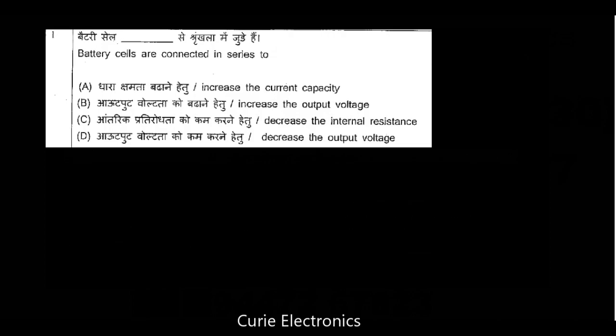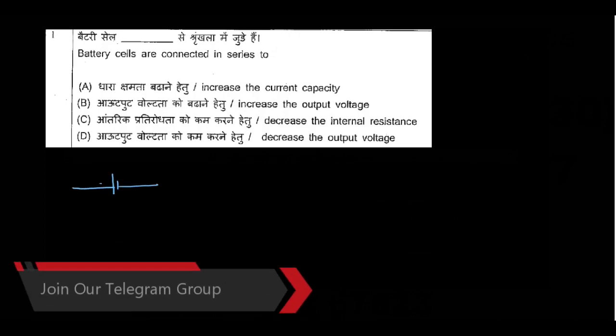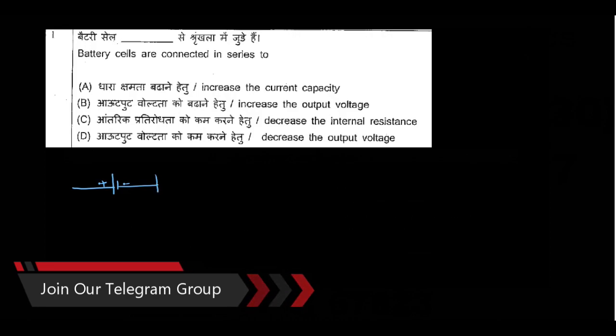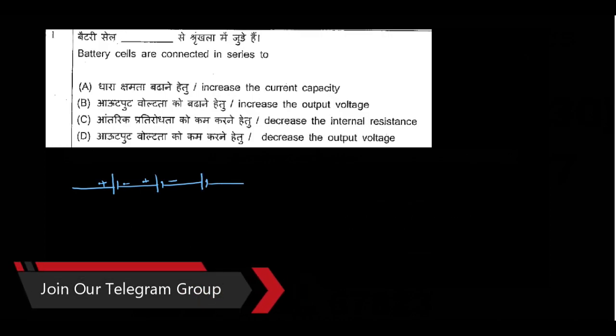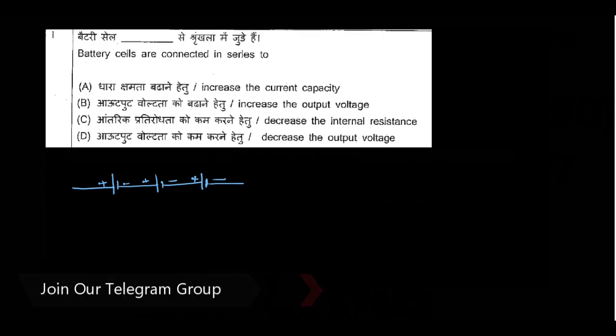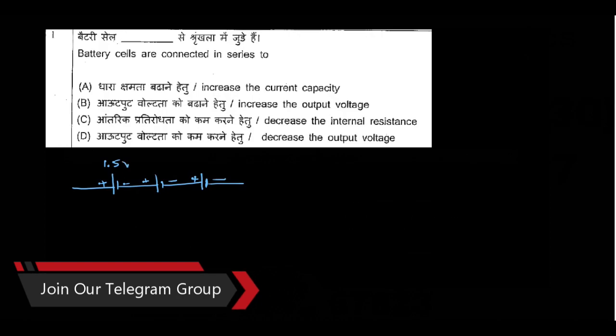Battery cells are connected in series. Usually we make a series-parallel combination. When you connect the batteries in parallel, the current capacity or AH rating increases. When you connect cells in series, let us consider each is 1.5 volt.